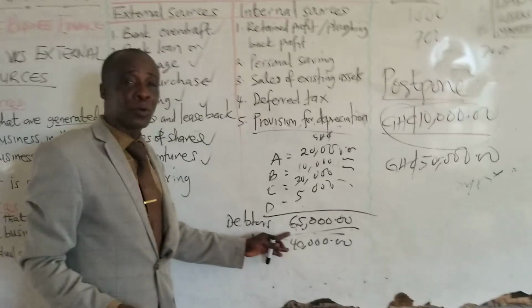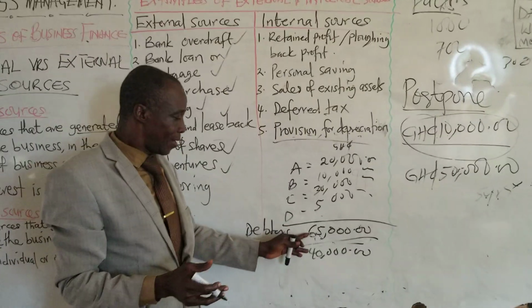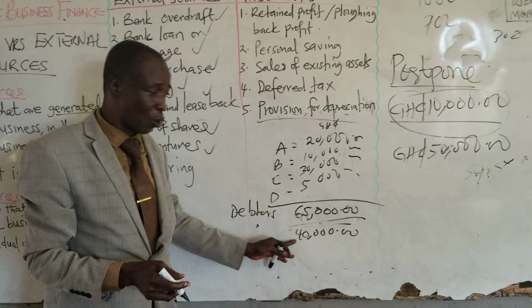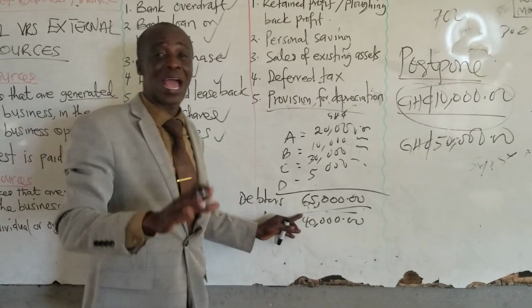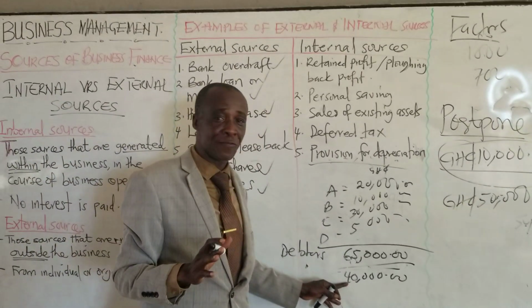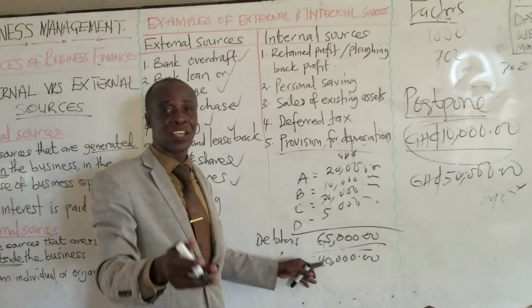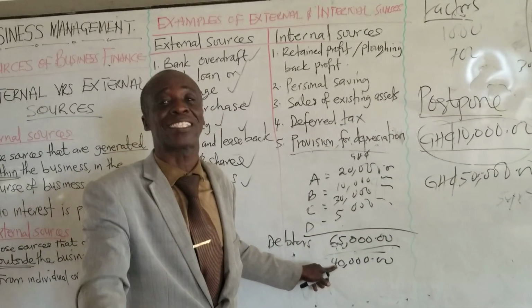If they are able to go out to Mr. A, B, C and collect all the money, then it means that they are going to make a profit of 25,000 cedis. We are assuming no other expenses will be made. So they will make a profit of 25,000 cedis. Now this 40,000 they gave you becomes a source of financing your business.